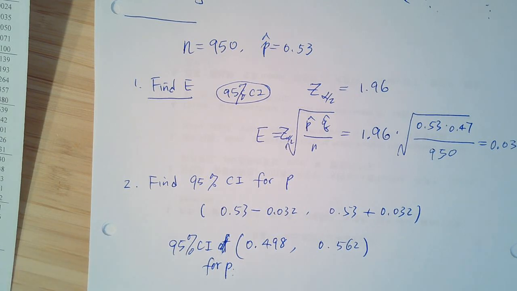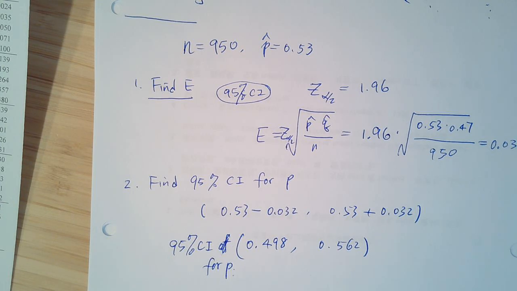Now, based on this result, can we safely conclude that more than 50% of the undergraduates take online courses? Can you say, well, I'm pretty confident that more than 50% of undergraduate students take online courses? Did you notice that this interval contains 0.5?